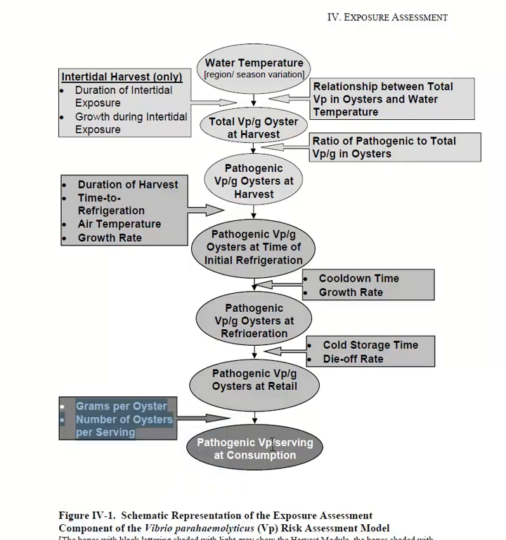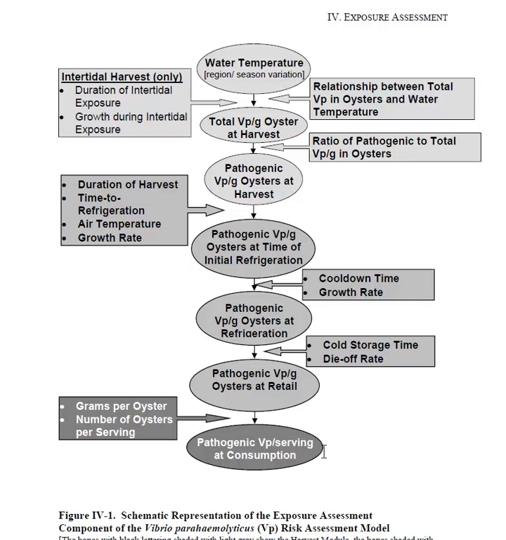So this gives us the number of pathogenic Vibrio per serving at the time of consumption. That number at the bottom, now remember, this is at the time of a risk profile when people were developing the model conceptually. When the time came to build it, it was done in a slightly different order, as you'll see once we begin to work with the model. But we do get the number of pathogenic Vibrio per serving at the time of consumption.